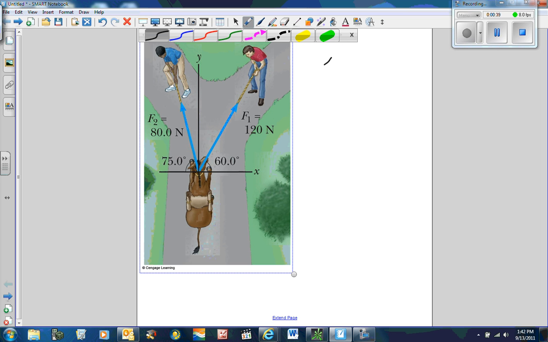xy table. So I'll make an xy table, and we have two vectors, and then we're going to have a resulting vector down here.